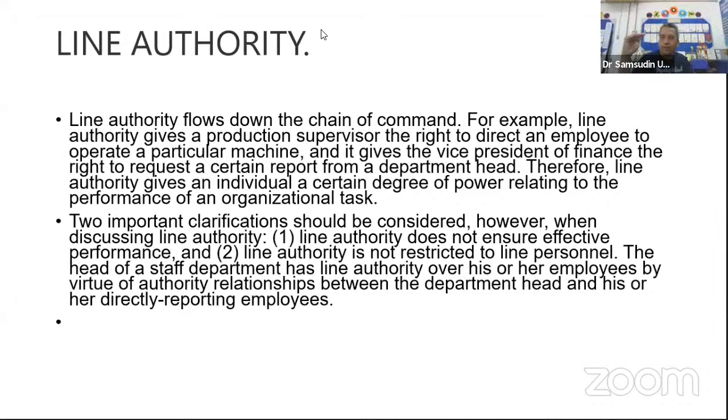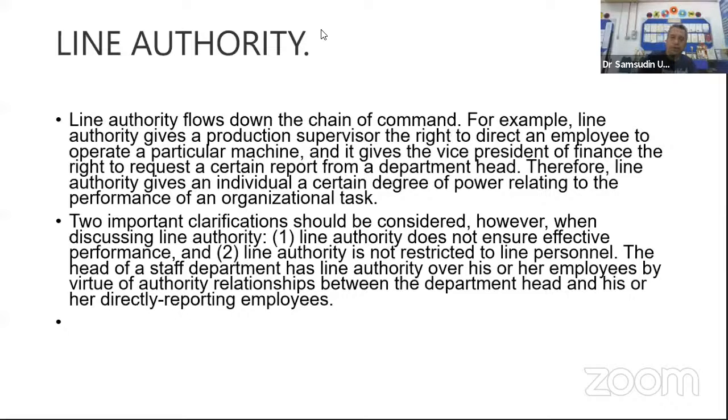After the head of office, what is the position responsible to support the daily activities of this company? There is an administration job, and there is a staff structure.